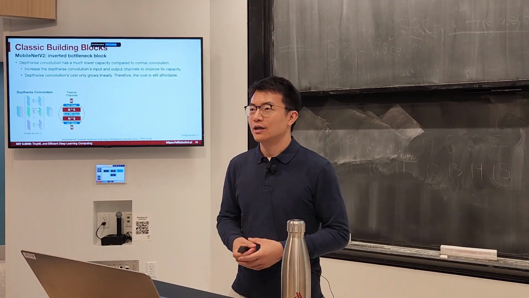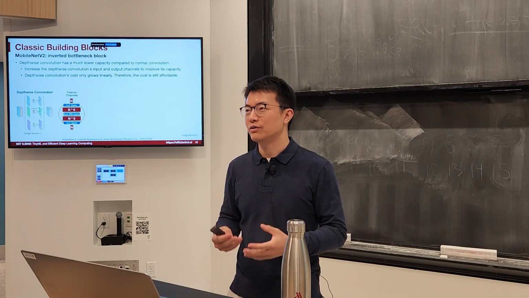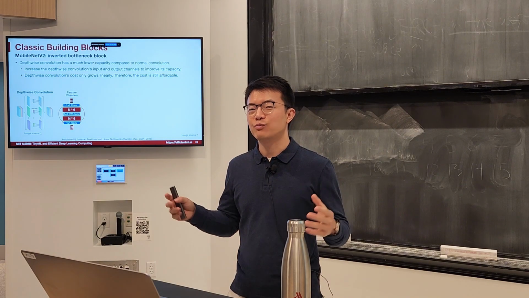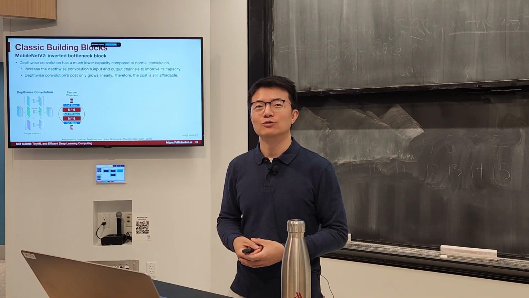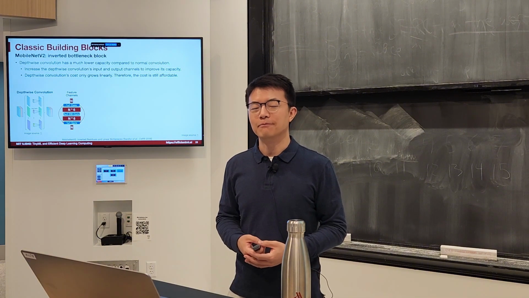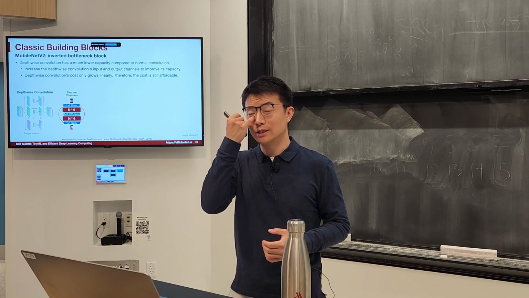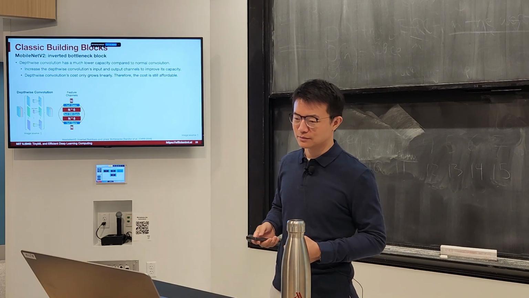In the bottleneck layer, we are reducing it by 4, because 3 by 3 normal convolution is very expensive. But here we are expanding it because the depth-wise convolution is very cheap. And we want to have good expressiveness and model capacity. So here we are expanding the number of channels rather than shrinking the number of channels.